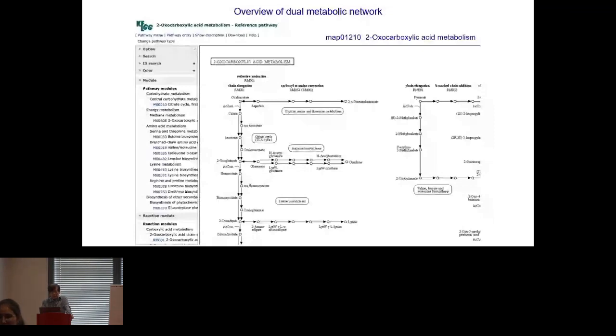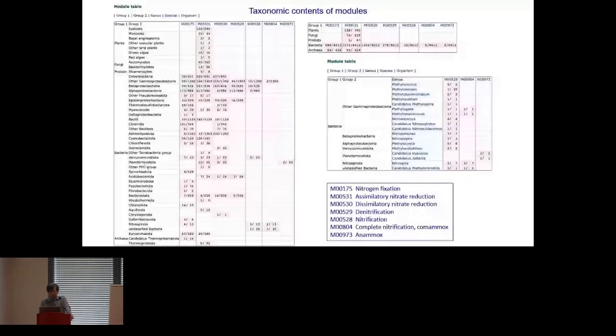As I said, each module has taxonomic contents, how KOs are assigned in each map, each module. And we have an interface called the module table, which indicates, so there are 6 modules on the right.